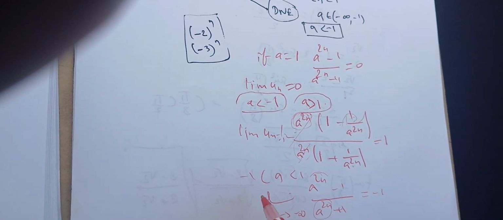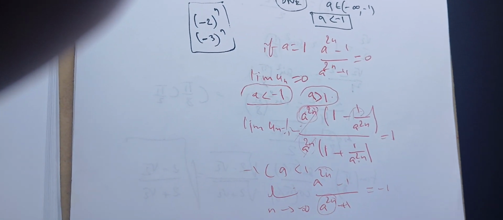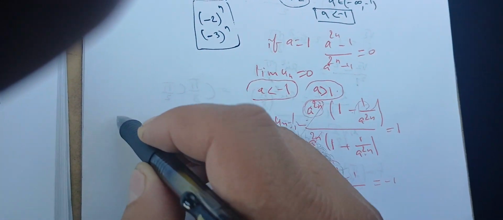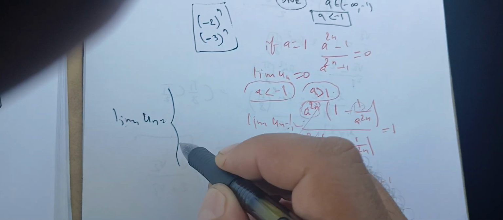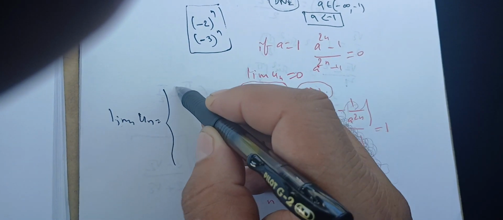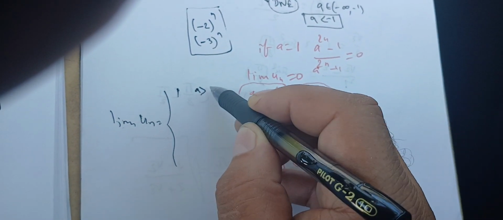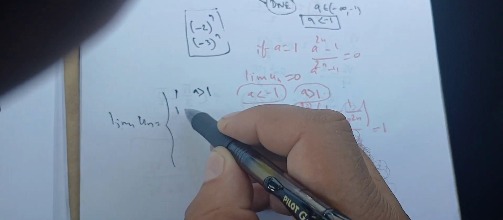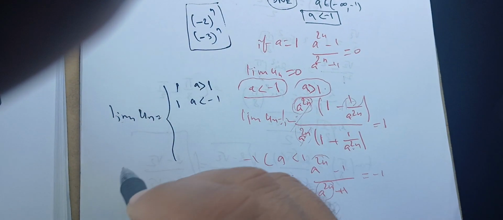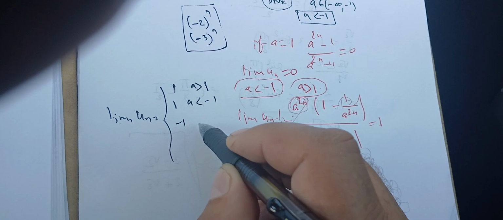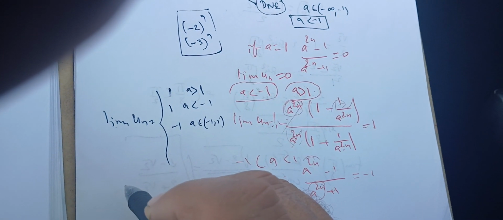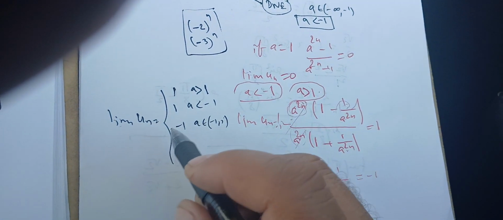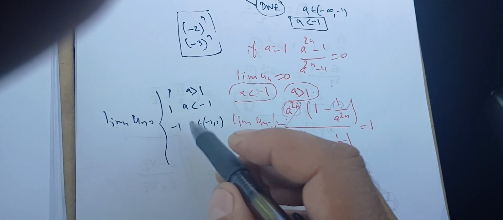So how many limits do I have now? The limit of un is 1 if a is bigger than 1. It's 1 if a is minus 1. It's minus 1 if a is in the interval minus 1, 1. What happens when a is 1? When a is 1, I get 0.